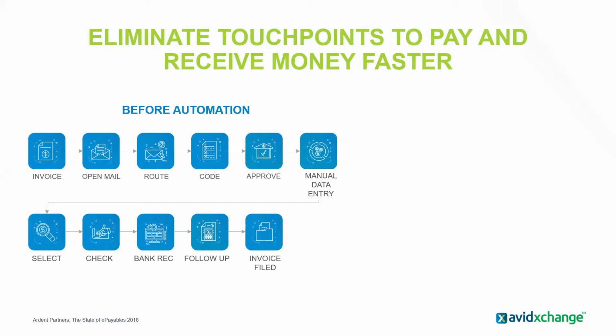So typically, someone in the office would have received an invoice by mail. They open it, determine who's responsible for it, and then route it to that person for approval. Then it gets routed back to AP for entry, and then of course entered into the accounting system and posted, and then they select a payment method.